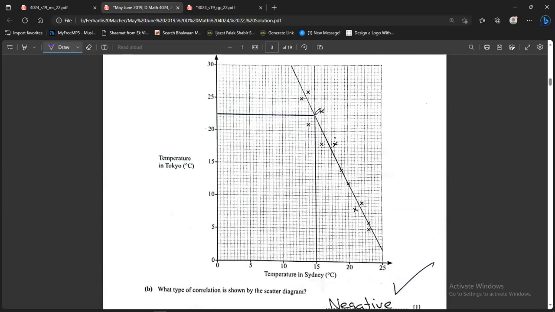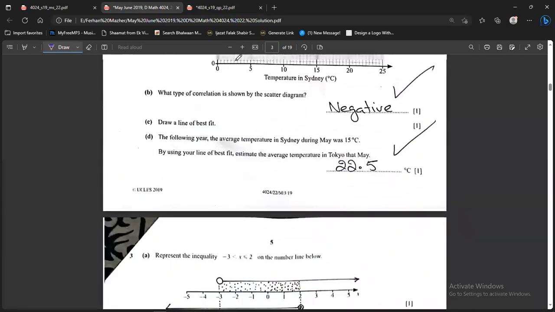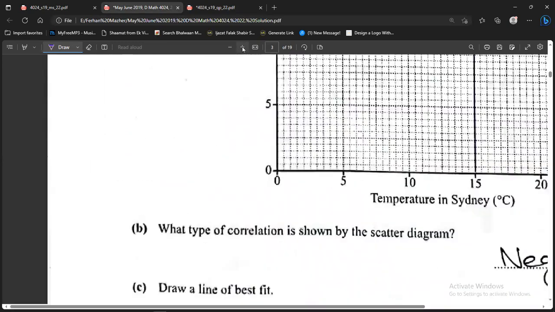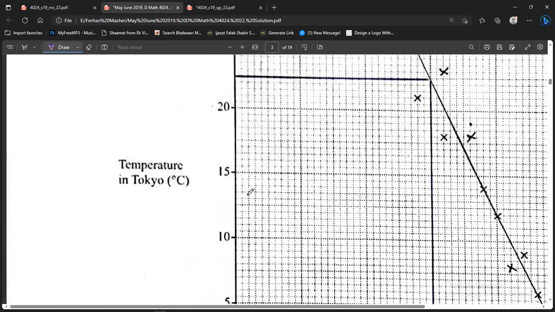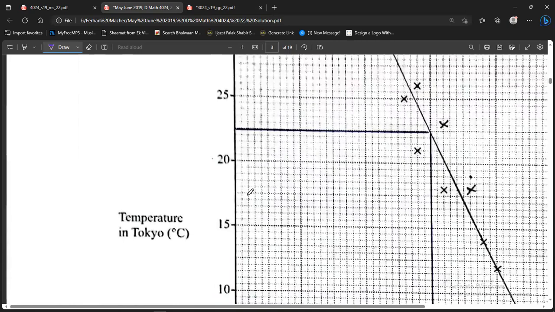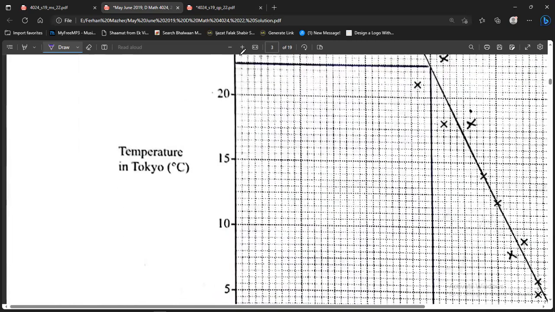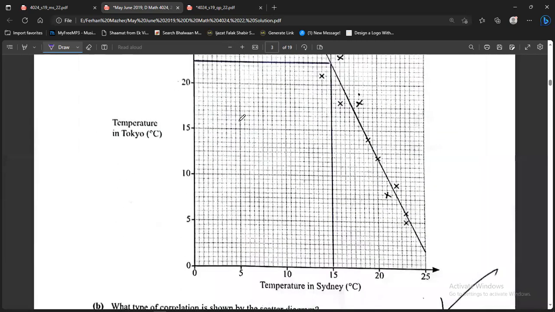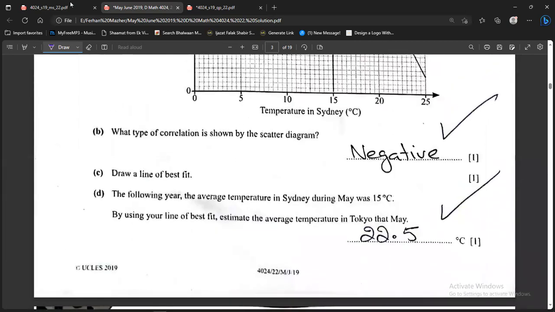When you meet the line, from that point go to the y-axis and check the value there. It is 22.5. So the answer is 22.5.